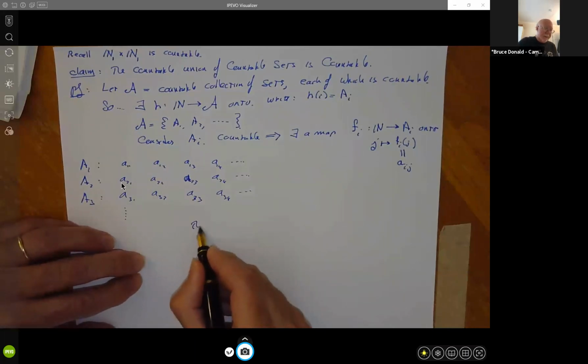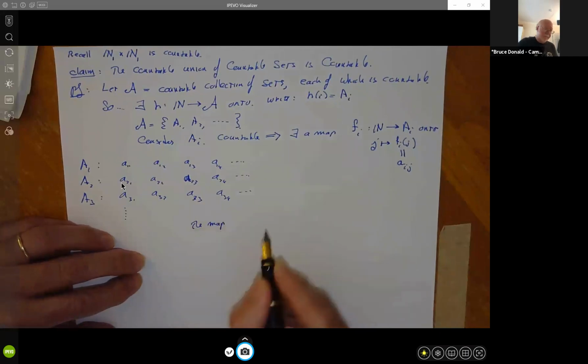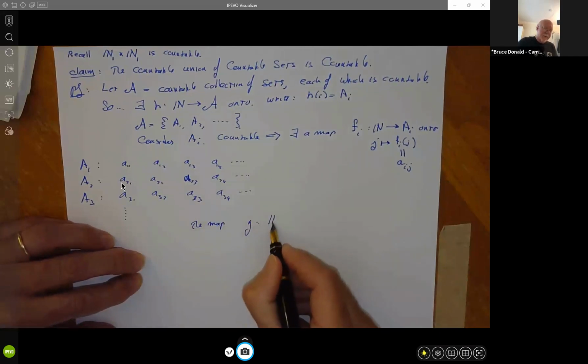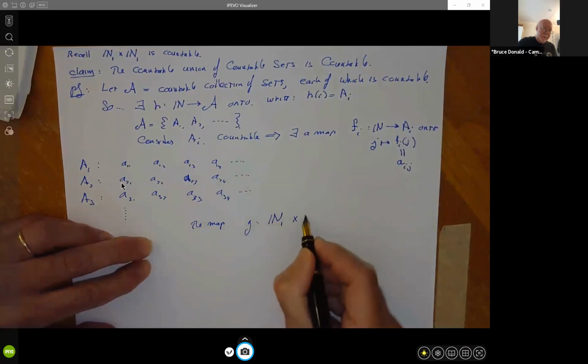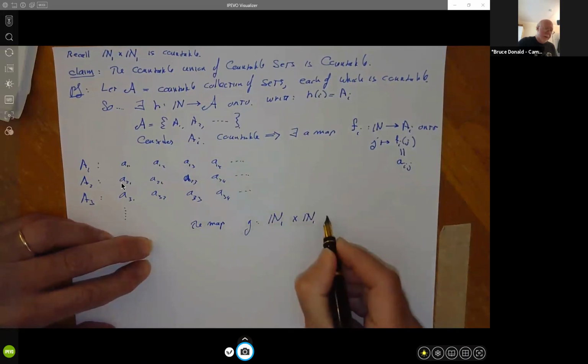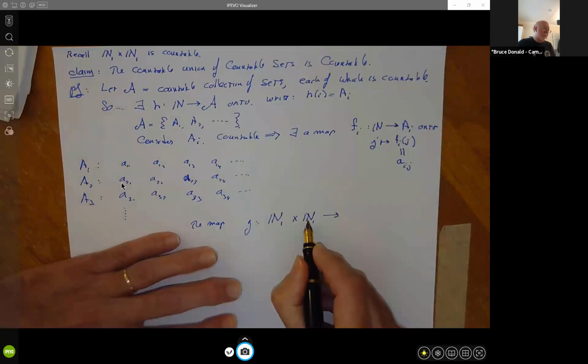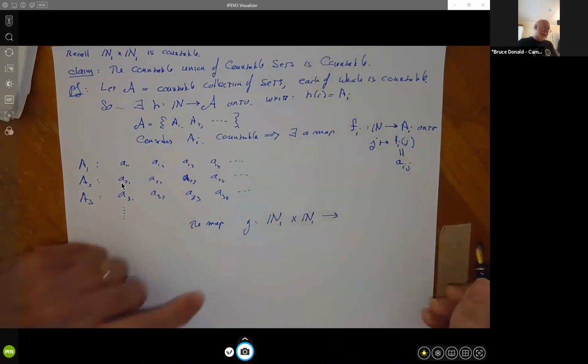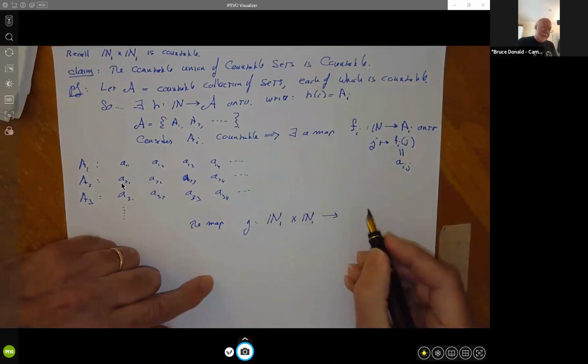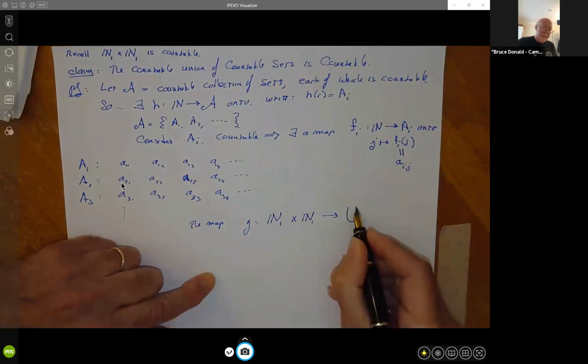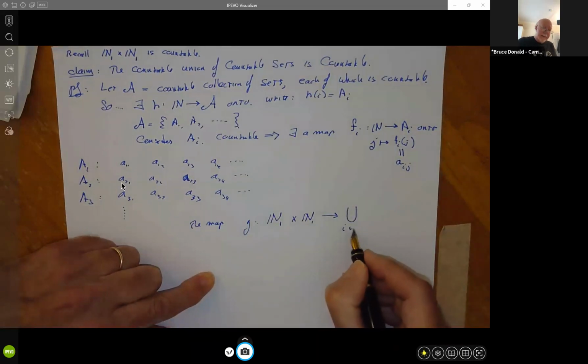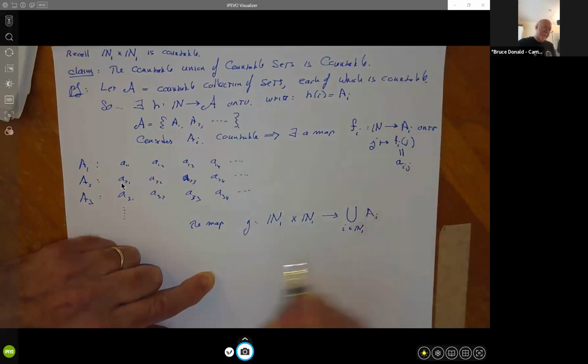So consider the map, which I'll call G, from the natural numbers squared onto this countable union. So now I'll express the countable union that I have here. This is the union for i in the natural numbers of these countable sets A_i.